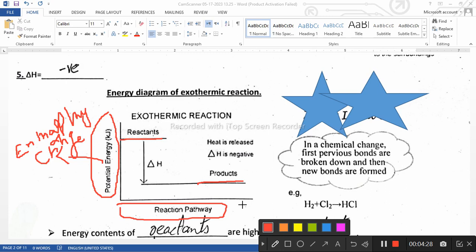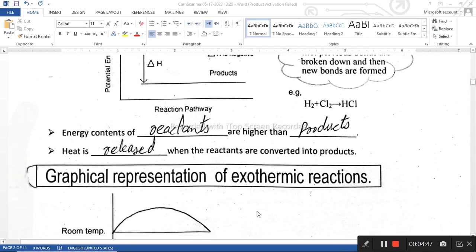Okay, so in a chemical change, first bonds are broken down and then new bonds are formed. We will discuss this in detail later in this lecture. Okay, so moving forward, energy contents of reactants are higher than products. As I told you, heat is released when the reactants are converted into products.